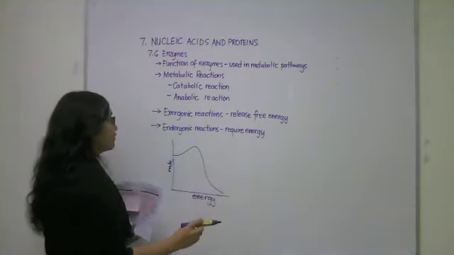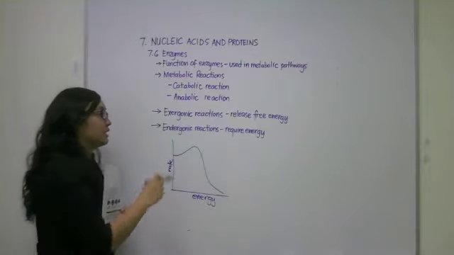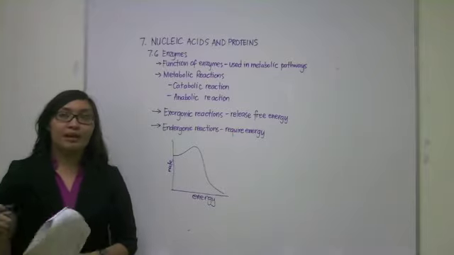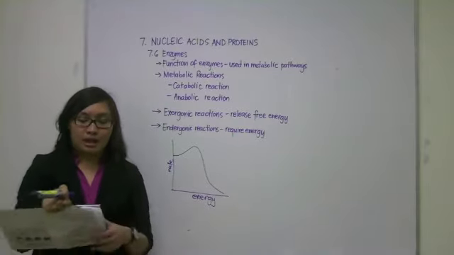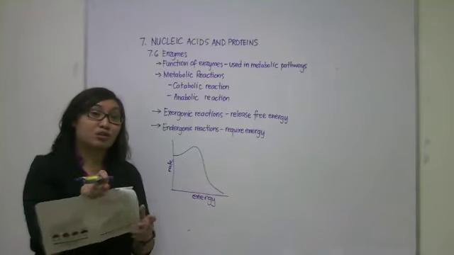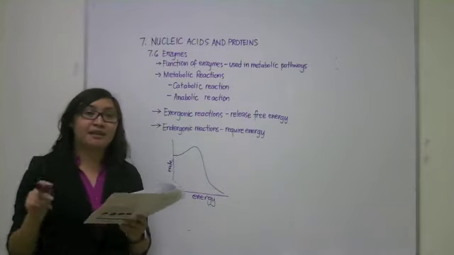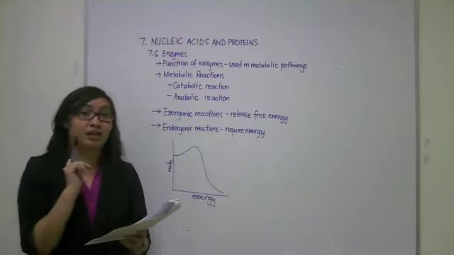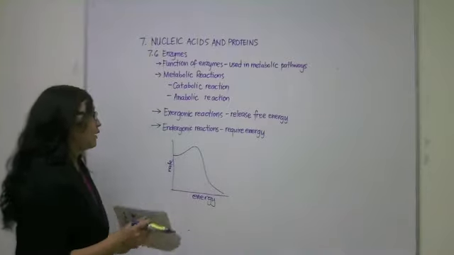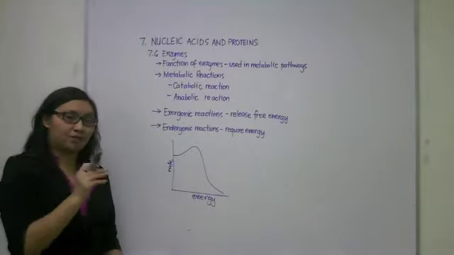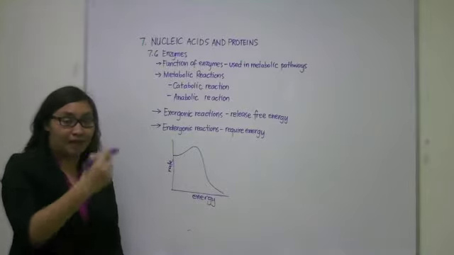Okay, so in the case of exergonic reactions, this is a type of chemical reaction that releases free energy. Every molecule stores chemical energy, and this chemical energy is present in its structural arrangement. Whenever we want to release energy, we have to change the structural arrangement of that molecule.